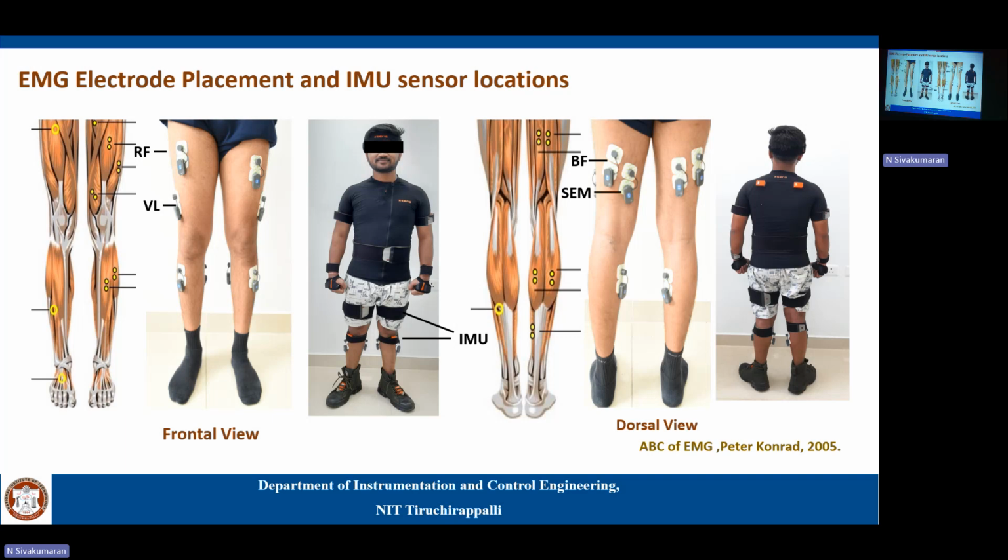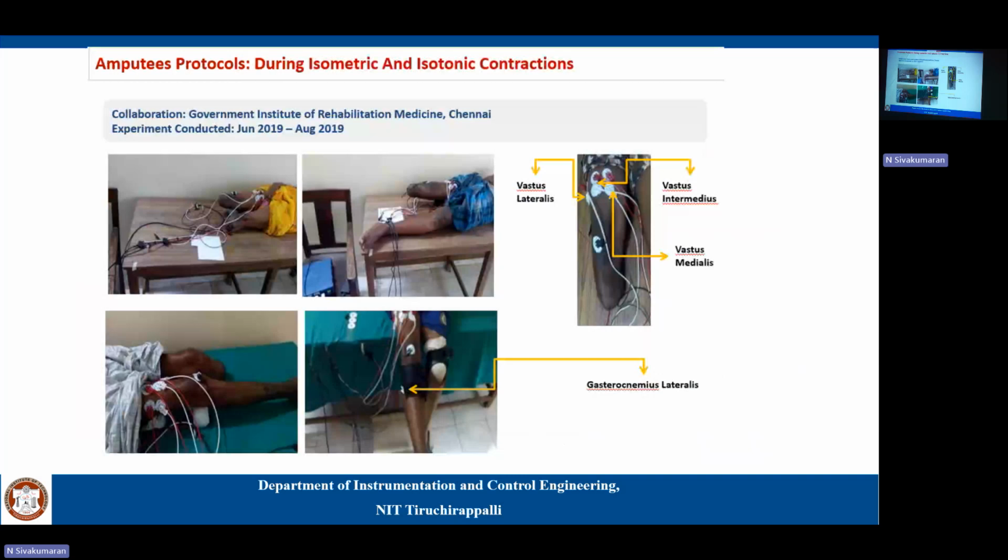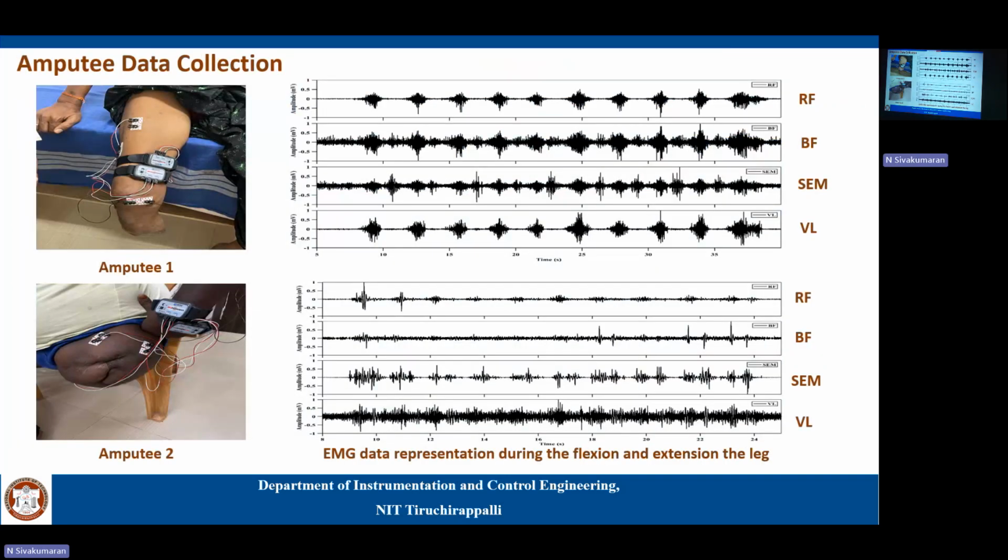And generally if you see patients, we also have the data. See this patient, he doesn't have his knee joint. We have attached sensors on the front, these two are the quadriceps, and on the back side, the hamstring.